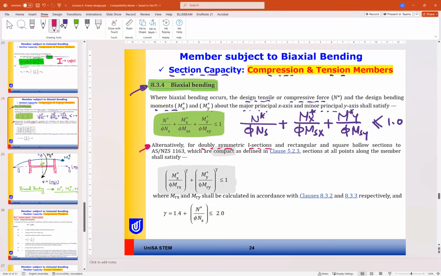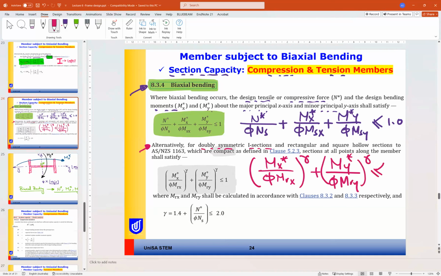In this formula we have Mx asterisk over phi M_rx to the power gamma plus M asterisk y over phi M_ry to the power gamma, which should be less than 1.